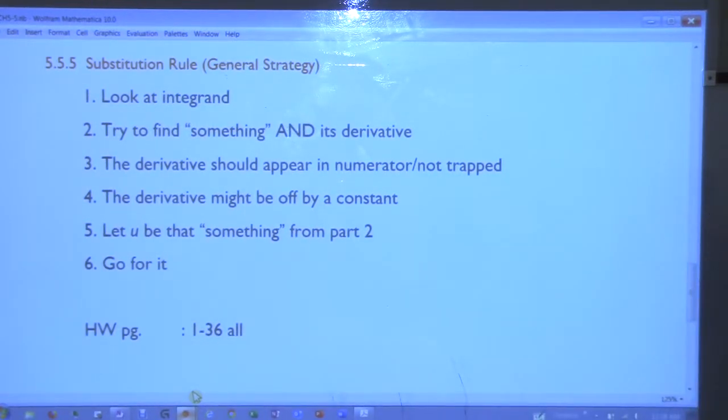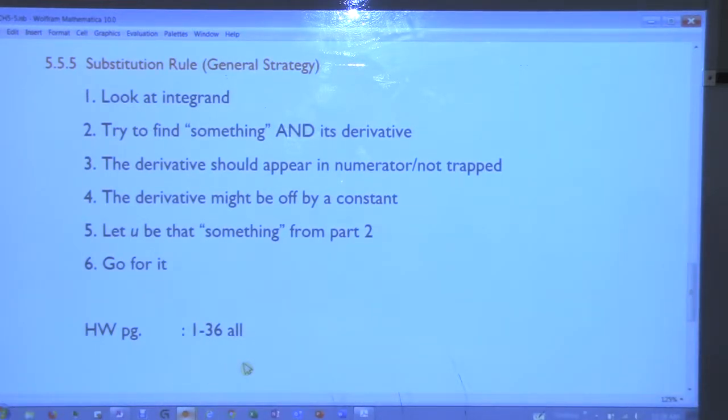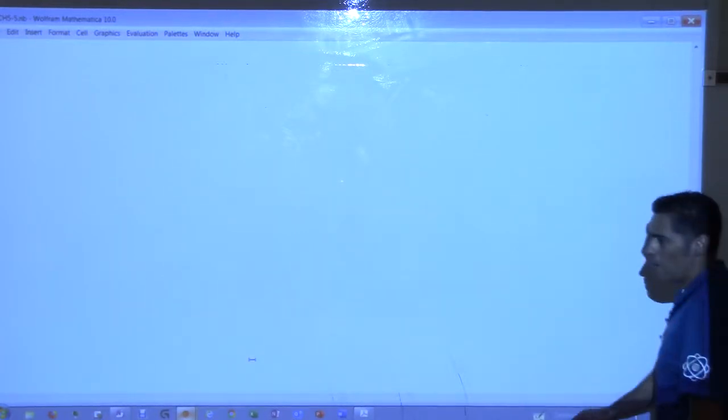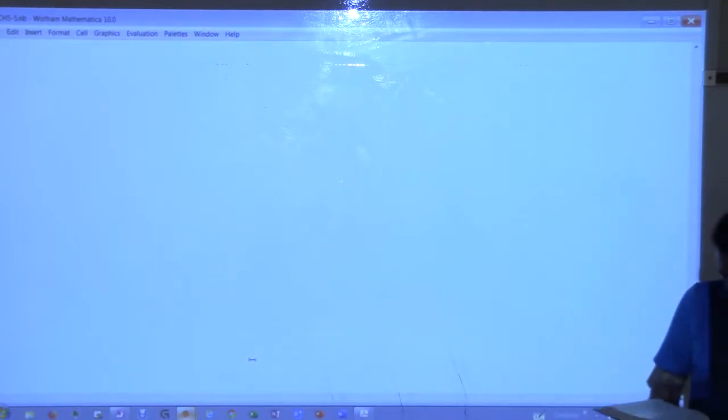So we did, I think, 1 or maybe 2 of these, and pretty much the rest of today is going to be doing more examples. I'm going to put some problems up here, and we're going to see if we can come up with the substitution. I'll pick a few out of the book to start us, and then we'll start making up our own.